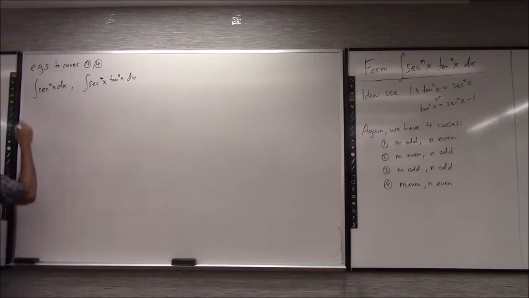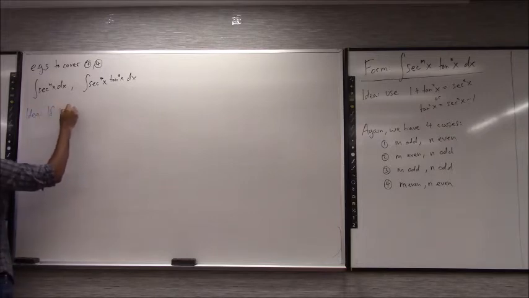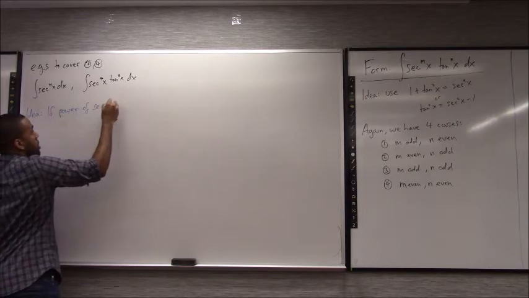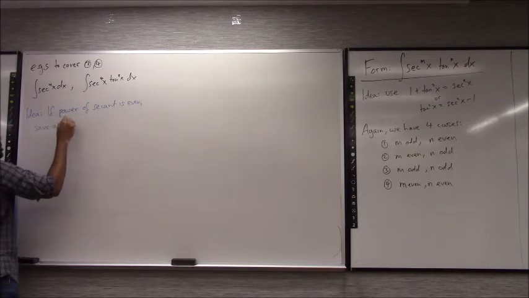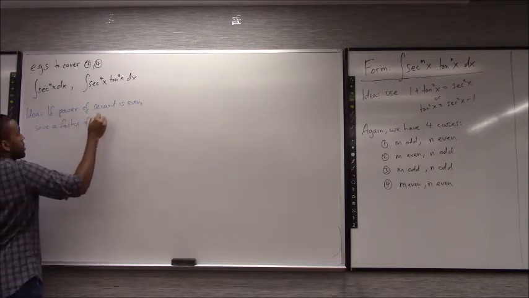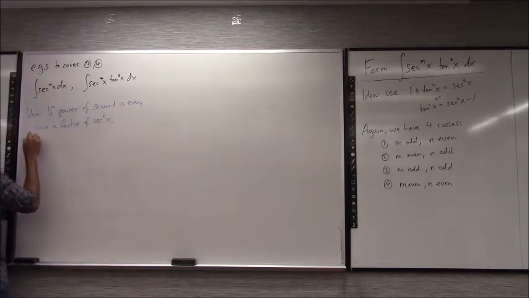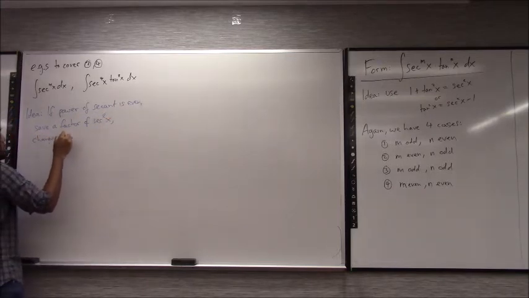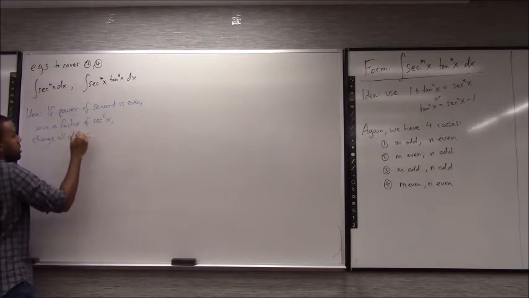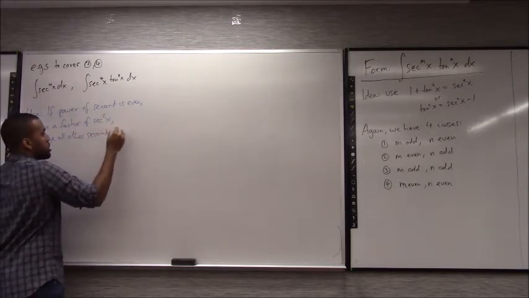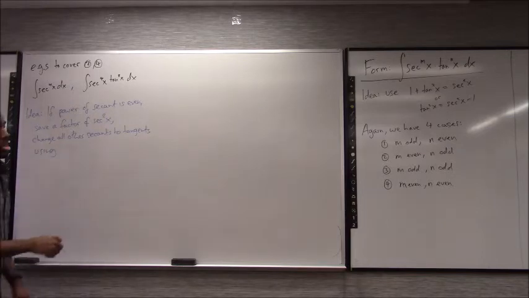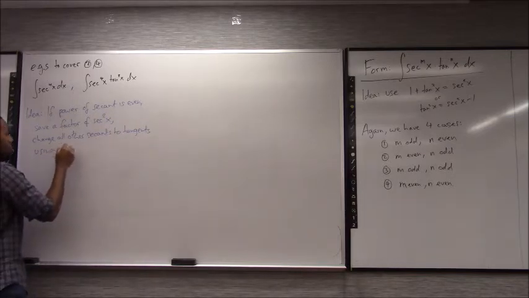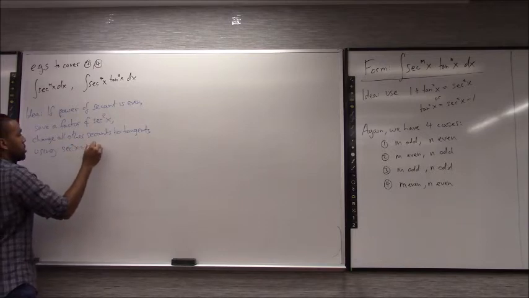And the main idea here: if the power of secant is even, save a factor of secant squared, change all other secants to tangents using that secant squared x is equal to 1 plus tangent squared x.